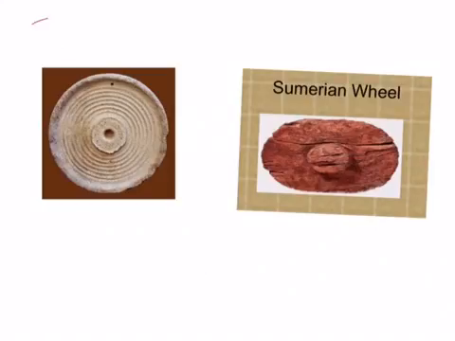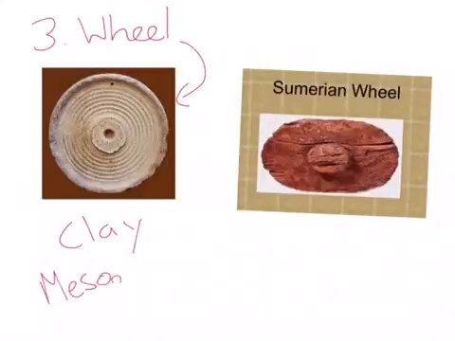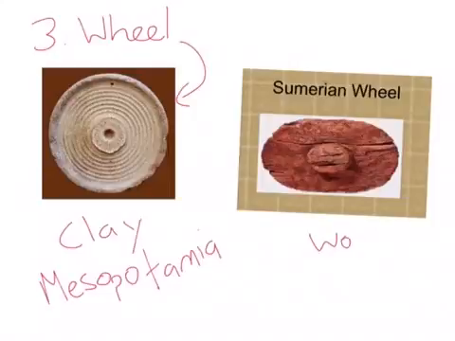And here's the third invention. It's a wheel. Okay, I've shown two different pictures. One is a clay wheel. This is made of clay. It's a common material used in Mesopotamia, which we will be looking at next week, because it was easily found there. And this one is a wooden wheel from Sumer.